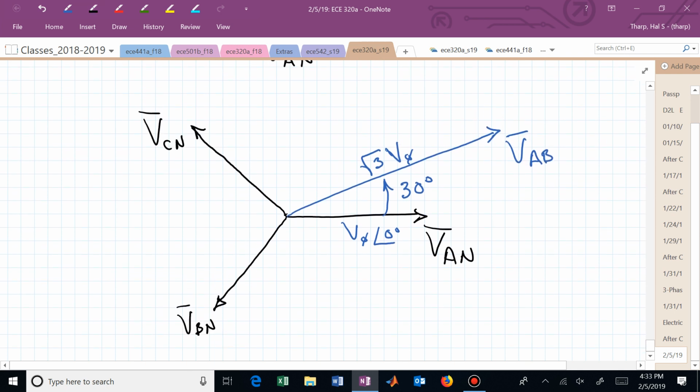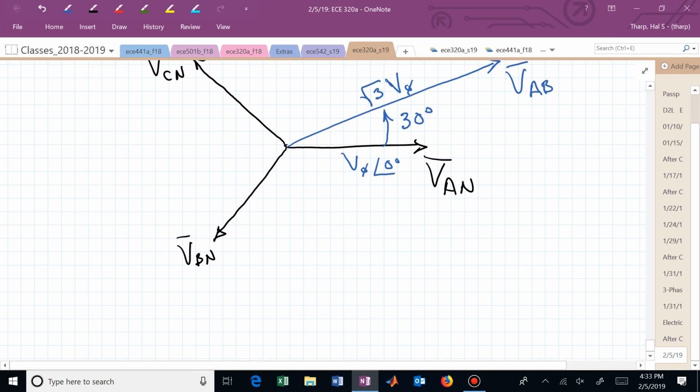And you can now draw in the other line voltages because they differ either 120 degrees away from V sub AB or square root of 3 and 30 degrees from these phase voltages. Doing that, we could then sketch. There's the B phase phasor, V sub BC.